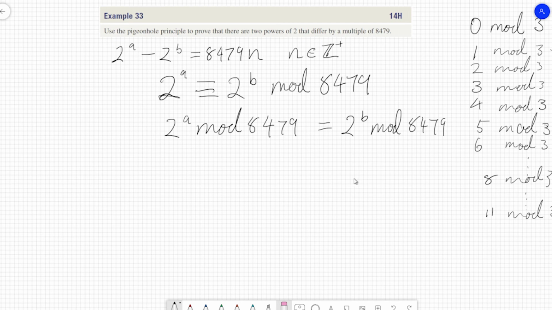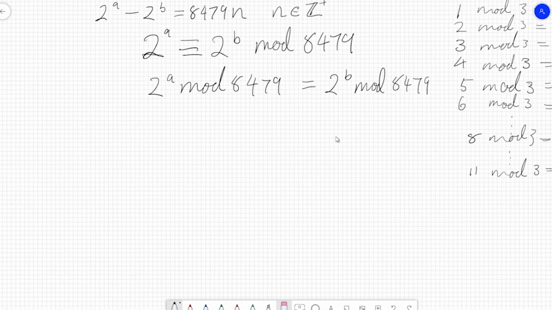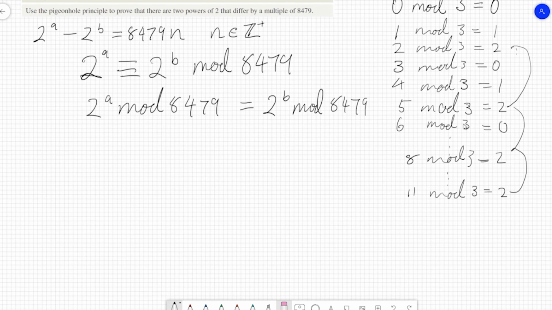So that means it will have to complete at least one cycle. Because after each cycle, you get the same remainder.